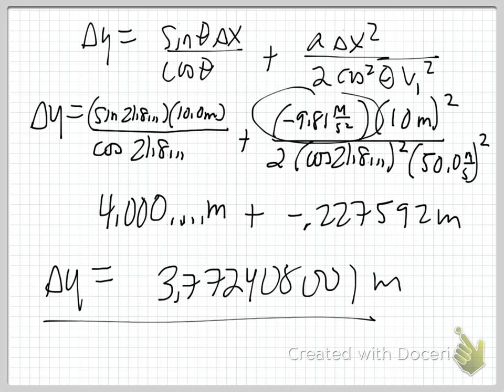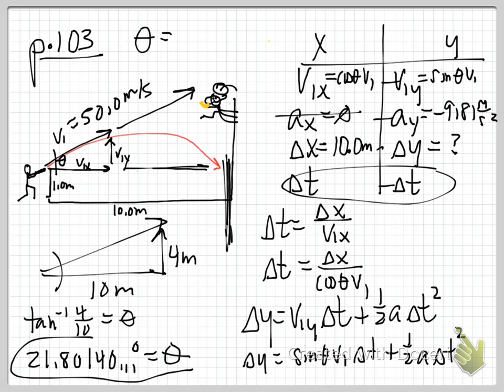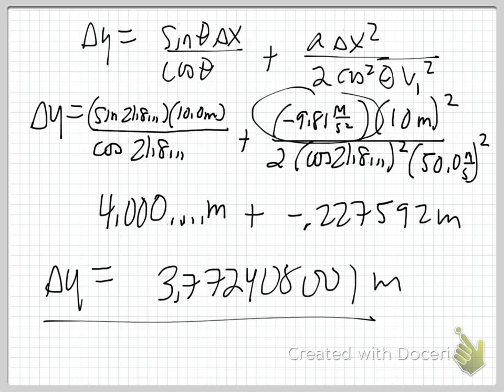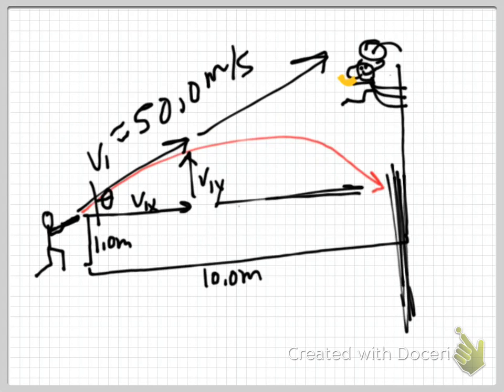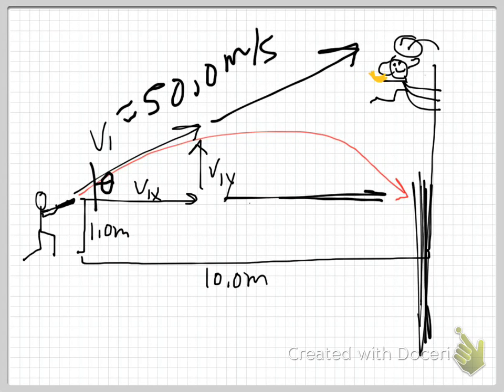What does that mean in terms of answering the question? It means that at 10 meters, that is the amount of change in the position on the y-axis of the dart. So if we take this whole thing, copy, blow it back up, the dart ends up, this is the 1 meter mark, the dart ends up, this is the 5 meter mark.